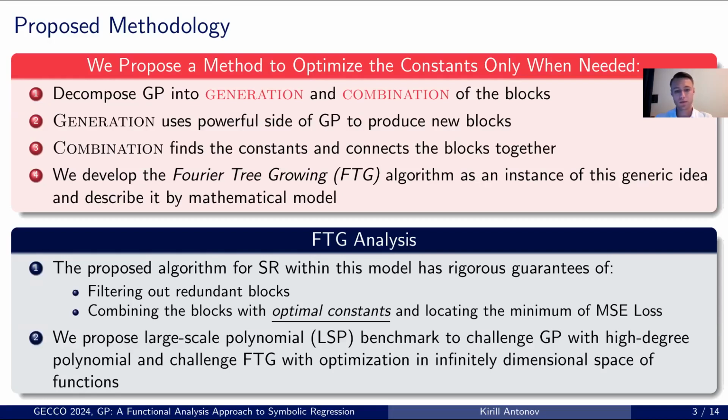To challenge this algorithm, we propose a new benchmark called large-scale polynomials. It challenges GP with high-degree polynomials and challenges FTG because the space where FTG is bound to optimize is infinitely dimensional.